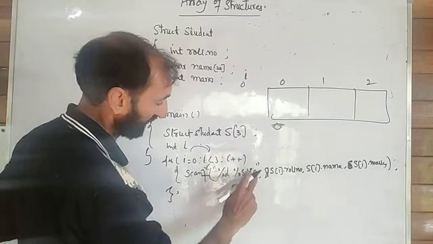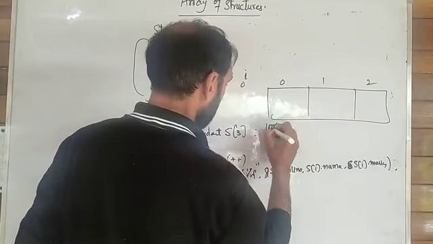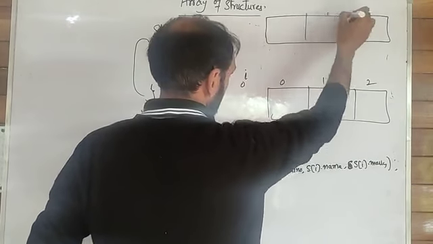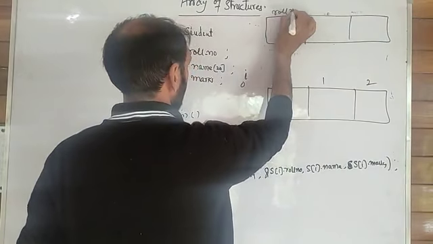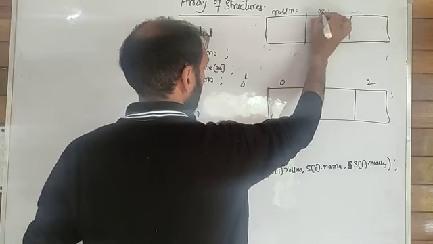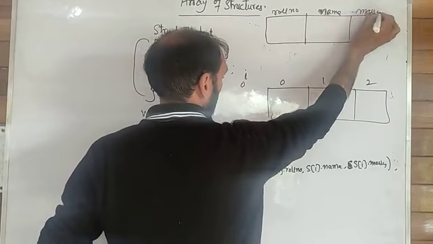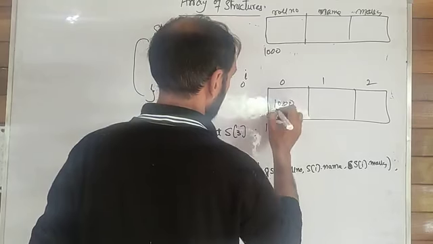Scanf %d, %s, %f, because we have declared 3, this is a base address, and this is the memory for roll number, name, and marks. For example, this is the base address of 100 and it is going to store here.